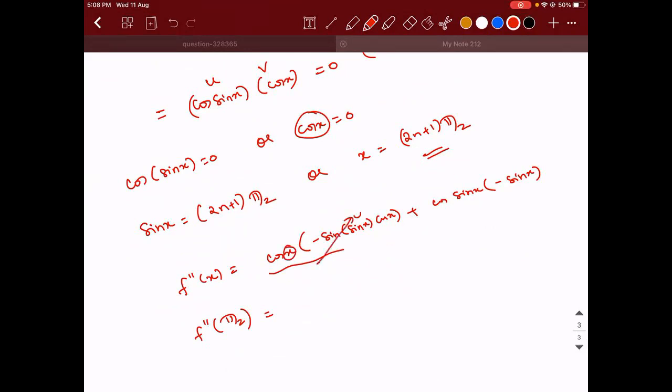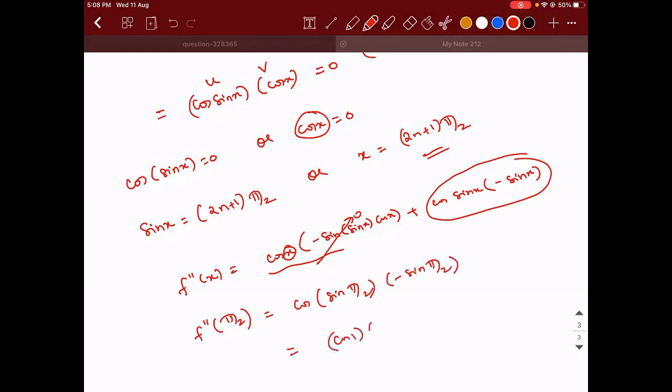This will be 0. And what about this thing? Cos of sine x into minus sine x. So it will be cos of sine pi by 2 into minus sine pi by 2. Okay. So it will be cos 1 into minus 1. It is minus cos 1.